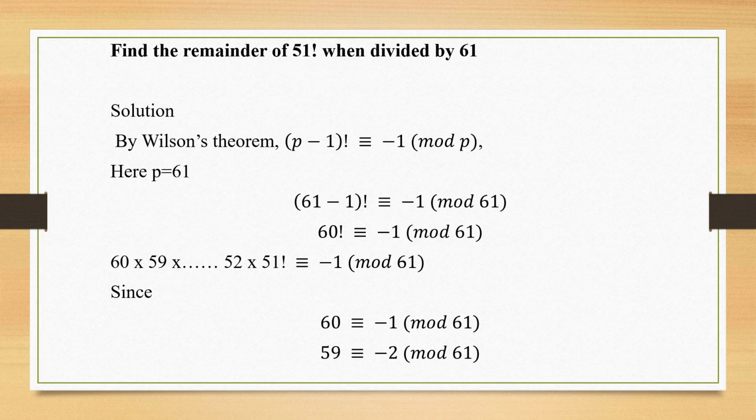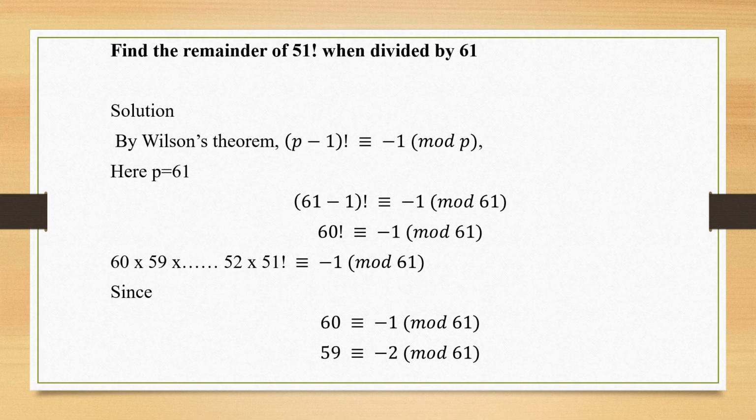But since it is only 60, and it is 1 short of the number by which we are dividing, I write it as minus 1. Hope you understood. Now let's move on to 59. 59 is congruent to minus 2. Why? Because 59 is 2 short of 61.